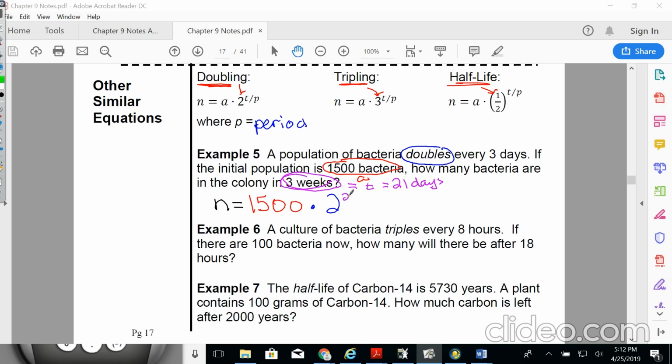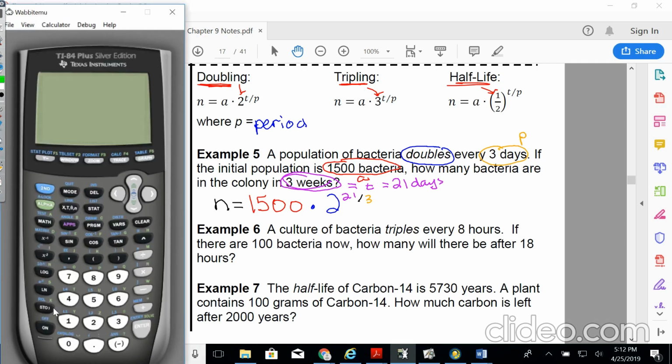So we're going to do 21 as the T divided by the period, how long it takes to double, and it takes 3 days to double. So this would be your period. So in the calculator, we're doing, so clear all this, 1,500 times 2 to the 21 divided by 3, which is just 7.